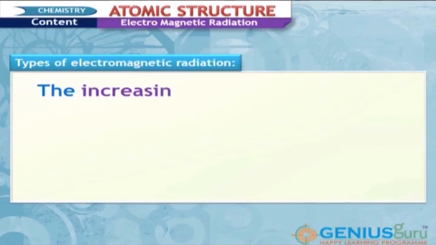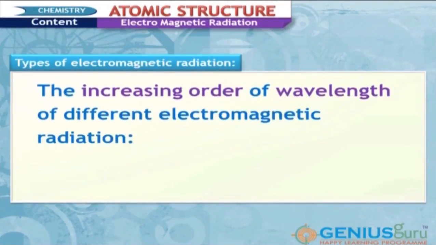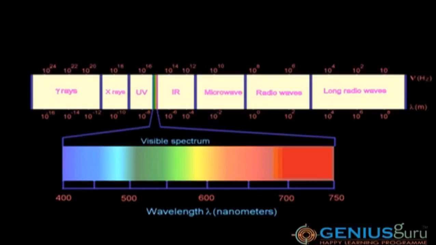Now, the increasing order of wavelength of different electromagnetic radiations is as I already discussed. Gamma rays have very less wavelength compared with other radiations, which is less than X-rays, which is still less than UV rays, visible light, IR rays, microwave rays and radio waves.